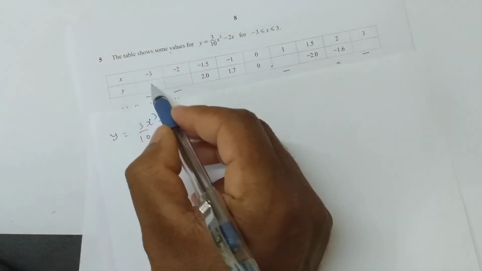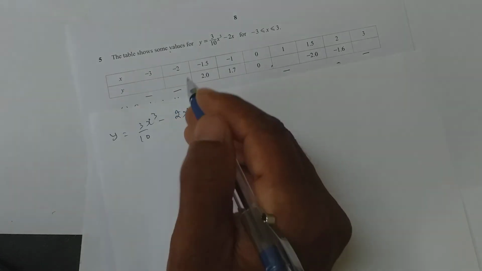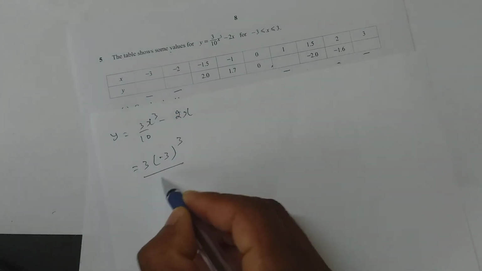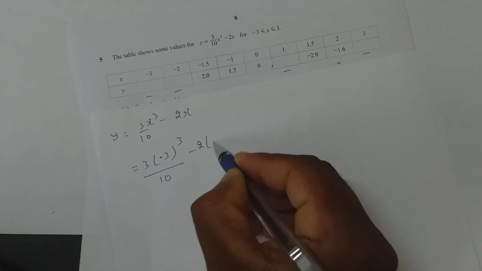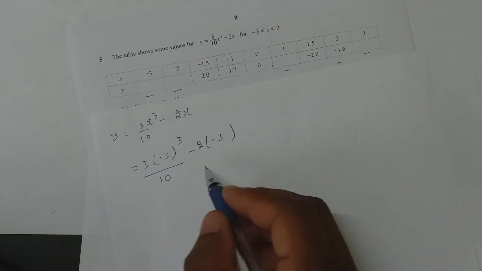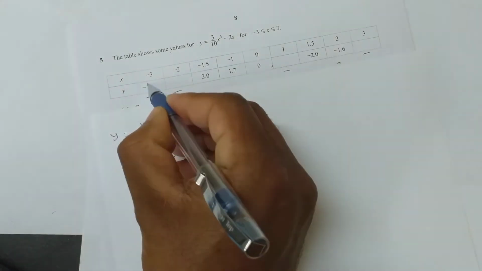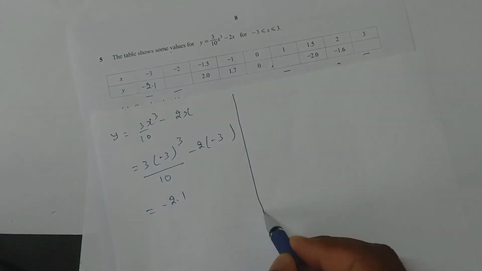To get a value here, x should be replaced by -3. So it becomes 3 into (-3) whole cube by 10 minus 2 into -3. If you put this in a calculator, you get -2.1. So here it is -2.1.